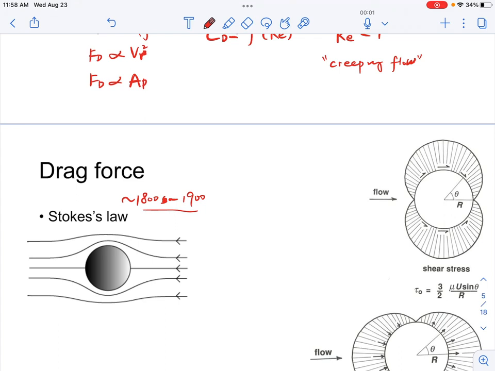When you hear the name Stokes, you can think of the Navier-Stokes equation, a set of equations that describes the momentum transfer and fluid flow of any object. If we're just talking about a fluid passing by a spherical particle, then this Navier-Stokes equation is going to have an analytical solution.